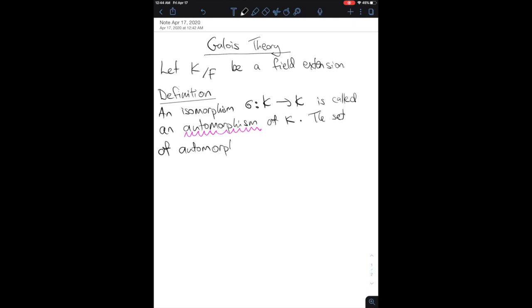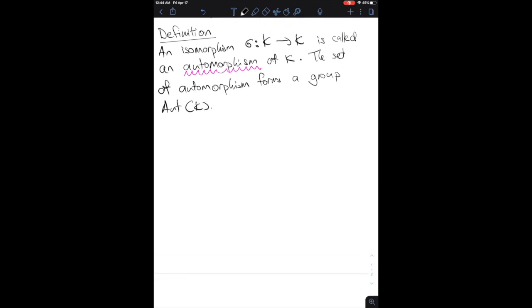And the set of automorphisms forms a group, where the multiplication action is given by composition of functions. And we denote this group Aut K.